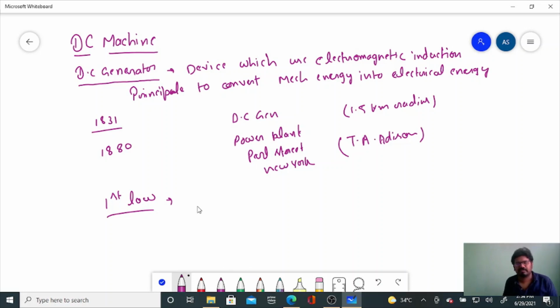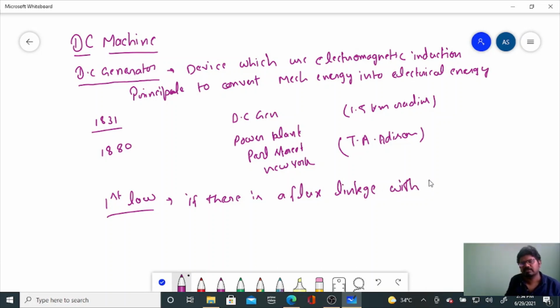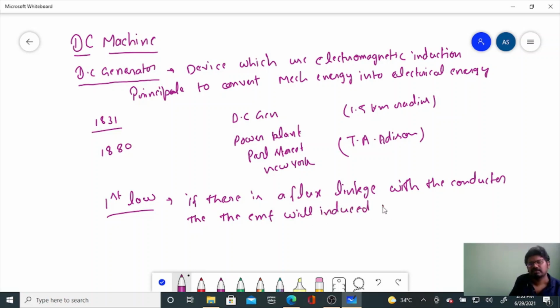Okay, this was the first law of Faraday's electromagnetic induction.